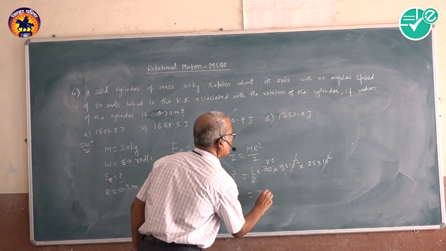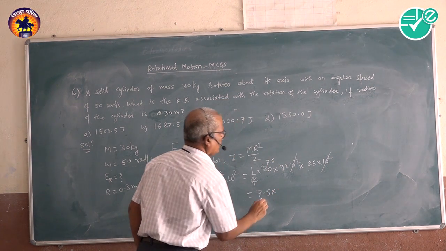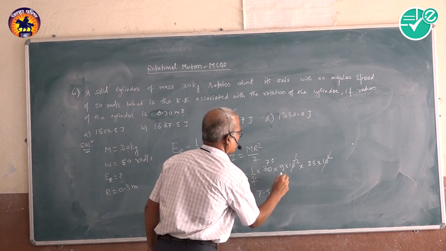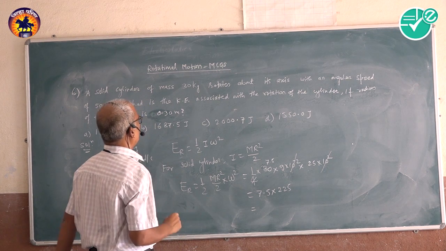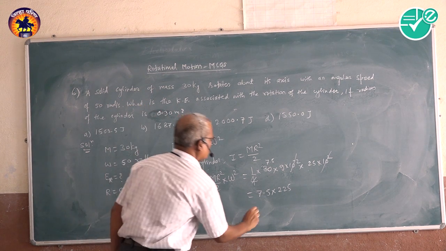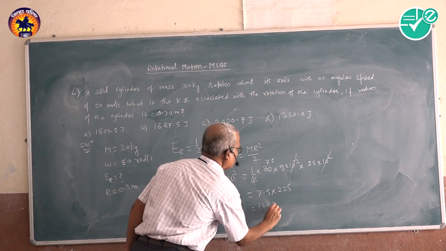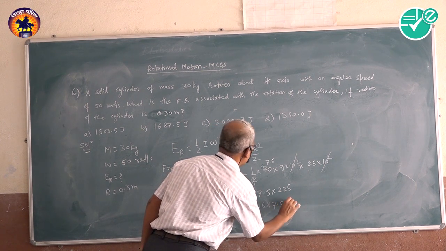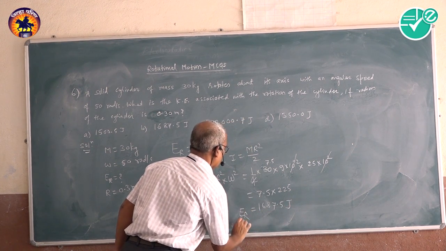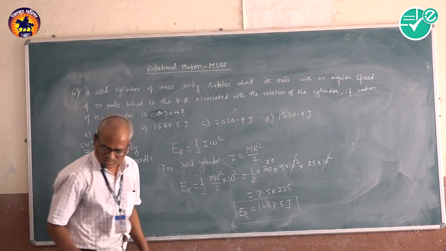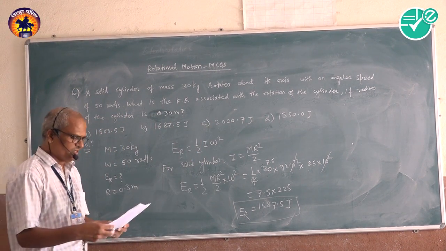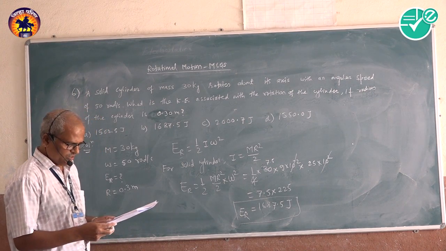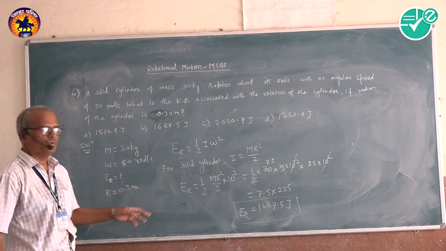So 7.5 into 25, 9s are 225. And if we do the calculation very carefully, then we get 1687.5. Simple calculation, that is ER is equal to 1687.5 joule, that is 7.5 into 225.